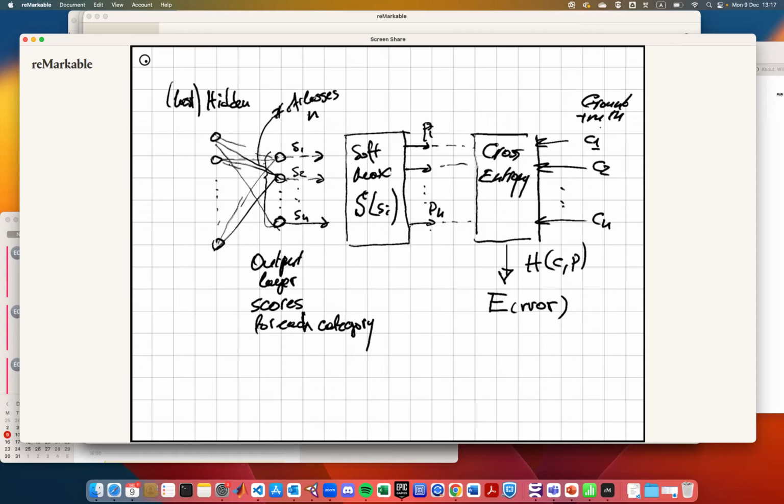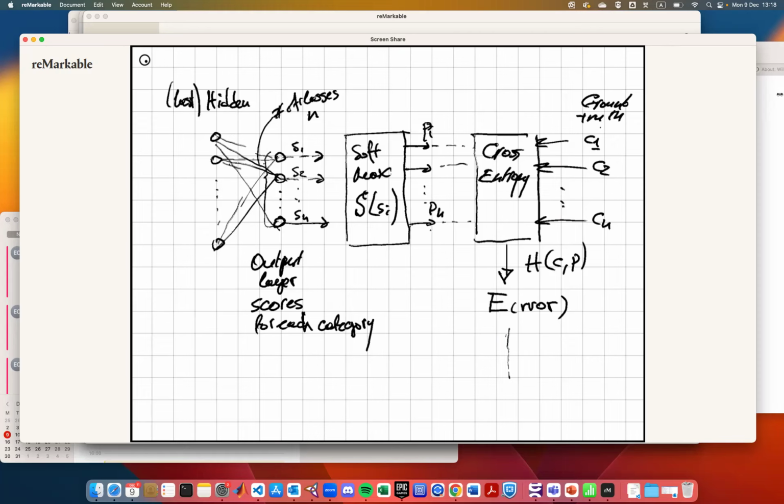And we need to tune these values, to change these values and see how they affect this error.